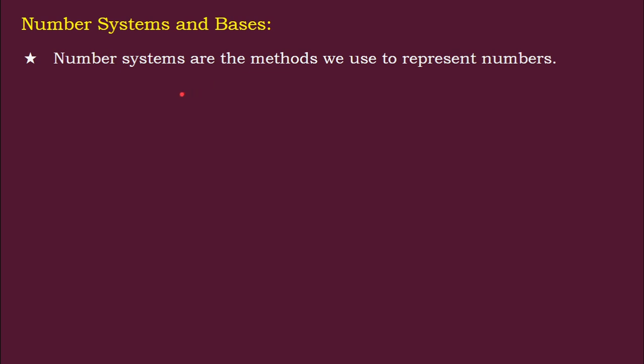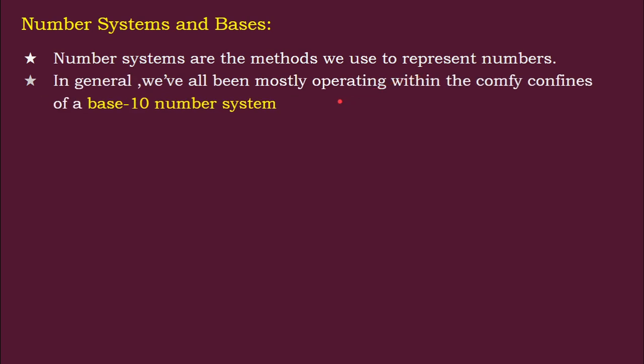So they also have some number system, and the bases of their number systems are different from the number bases we are using. So number systems are the methods we use to represent numbers. We all know that we are using the decimal number system, which is the common number system used in our day-to-day life by human beings.